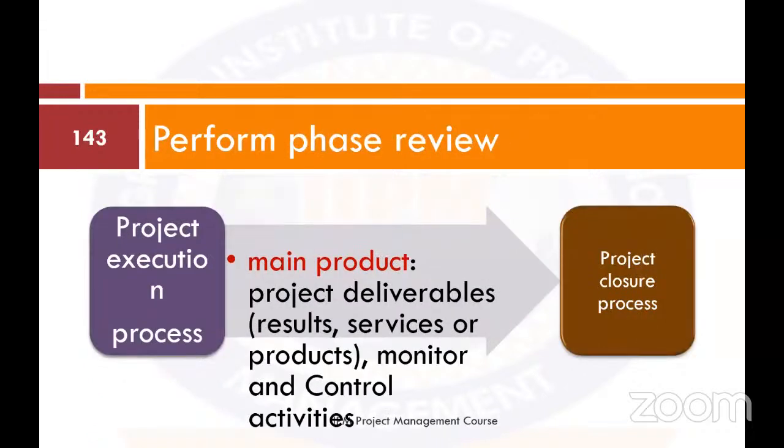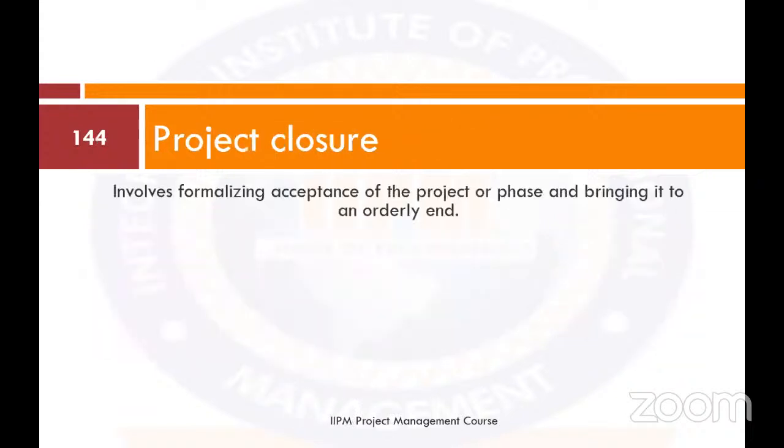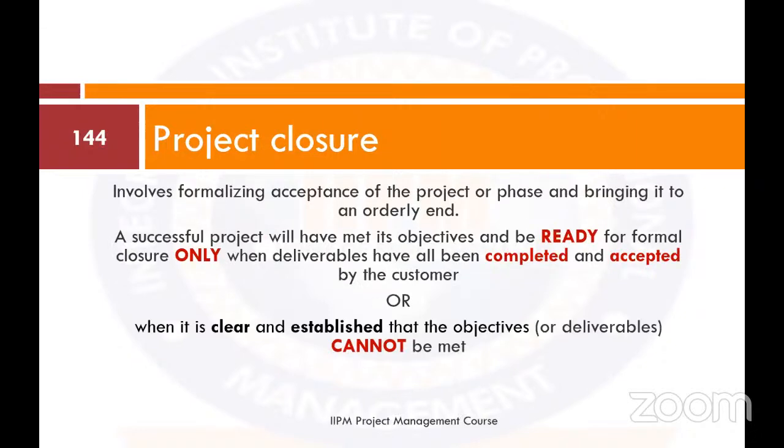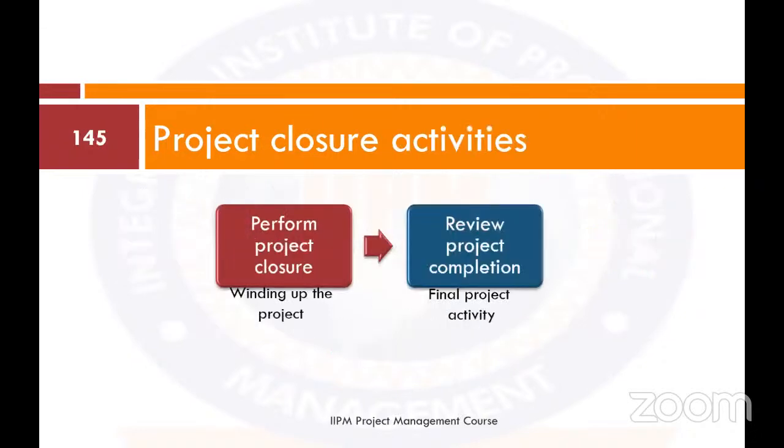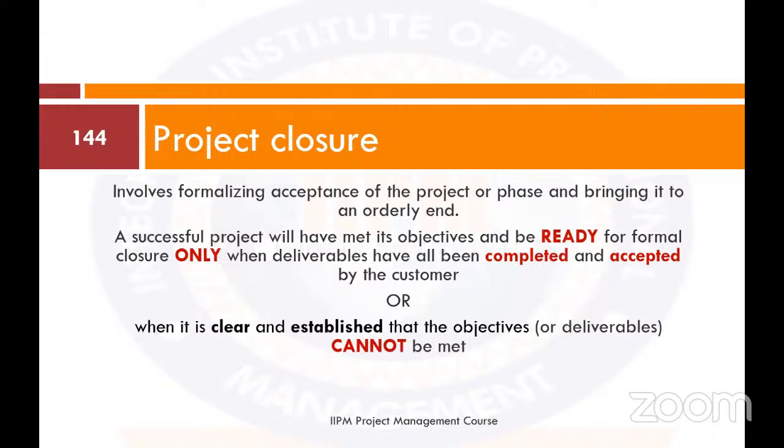And after you're done with each phase, in this case, monitoring and control, you conduct a phase review. Should we move from execution to the next phase, or should we adjust? Okay. And then finally, you have your project closure, which involves formalizing acceptance of the project or phase and bringing it to an orderly end.